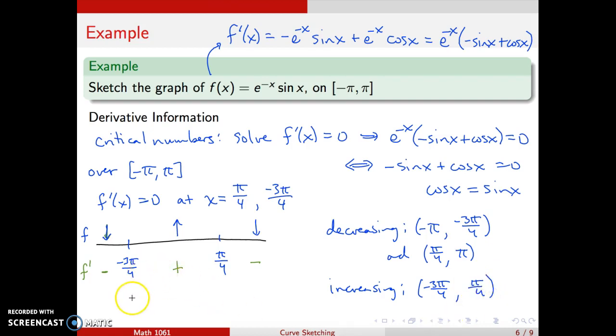And we're going to have a min right there, and we'll have a max right there.